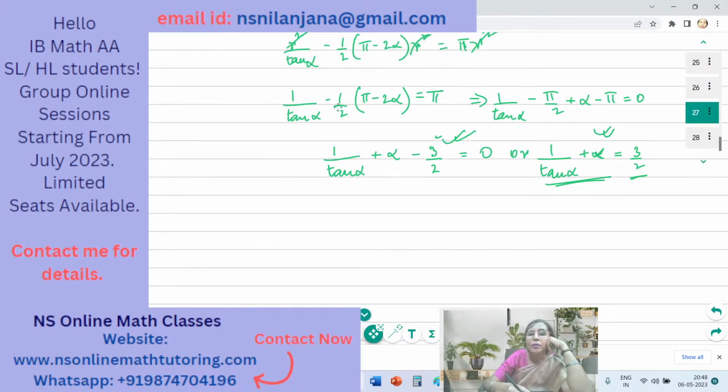This is 1 over tan alpha minus pi by 2 plus alpha minus pi is equal to 0, and it is 1 over tan alpha plus alpha minus, sorry, the pi by 2. That is why I am not getting them.